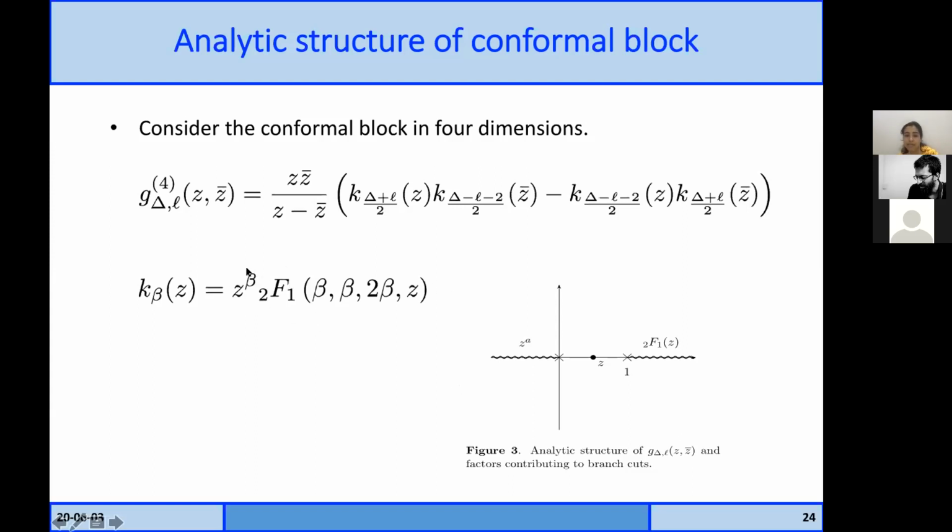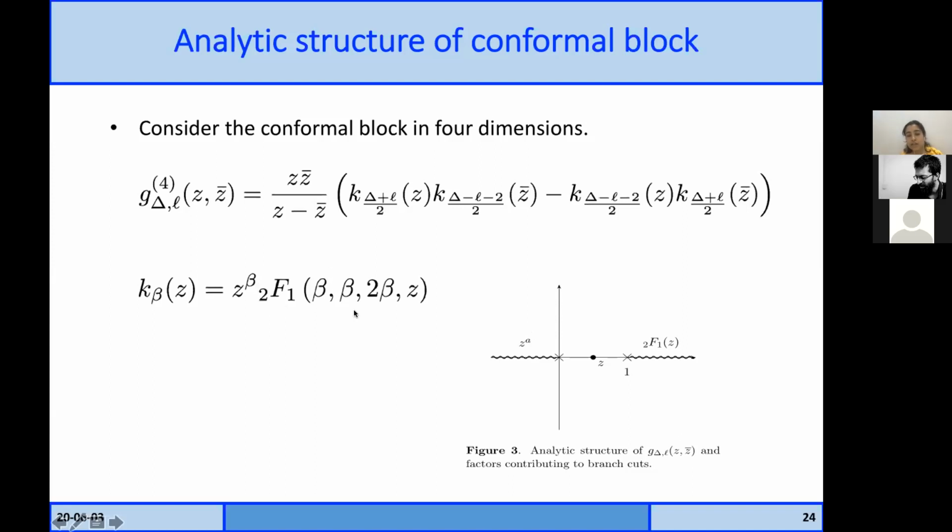Now this power law has a discontinuity, or it has a branch cut for generic non-integer values of the exponent when Z is less than 0. So this picture depicts how the branch cut of the 4-dimensional conformal block looks like. So there is a branch cut when Z is less than 0, originating purely from this power law.